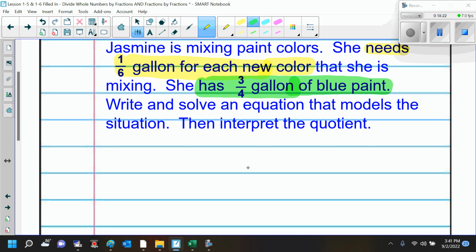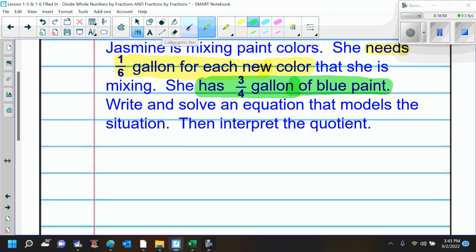So we want to write and solve an equation that models the situation. We want to ask ourselves, what is she starting with? It says that she needs 1/6 gallon for each new color. She has 3/4 gallon of blue paint.